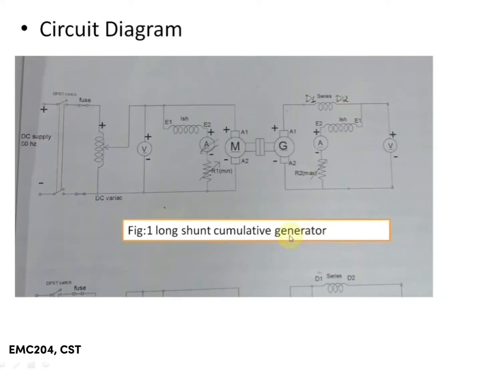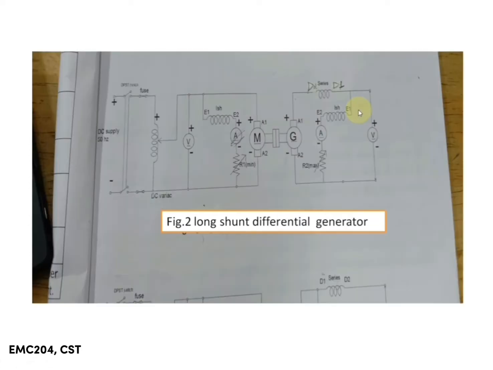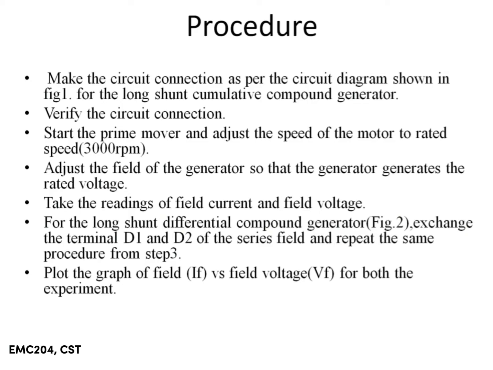In case of cumulative generator, D1 is here and D2 is here, connected in series, and in case of differential generator, D2 is before D1, which is also connected in series. And here also the value of R1 at motor side is kept at minimum, and the R2 value at the generator side is kept at maximum, for the same reason as in the cumulative generator.